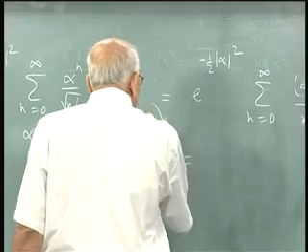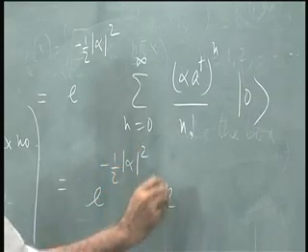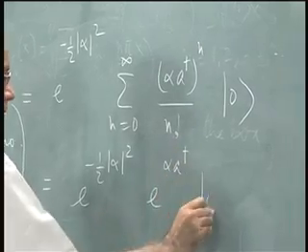So this is equal to e to the minus half mod alpha squared, e to the power alpha a dagger acting on the ground state.